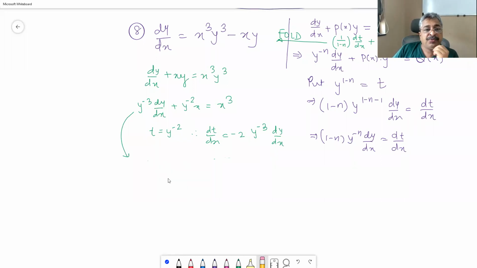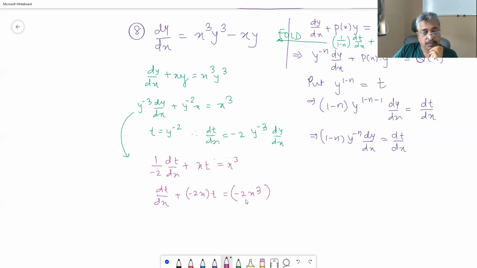Okay, therefore in terms of t, the equation which I will get is 1 upon minus 2 dt by dx plus x times t is equal to x cube, which is dt by dx plus minus 2 times xt is equal to minus 2 times x cube. So p of x is minus 2x.